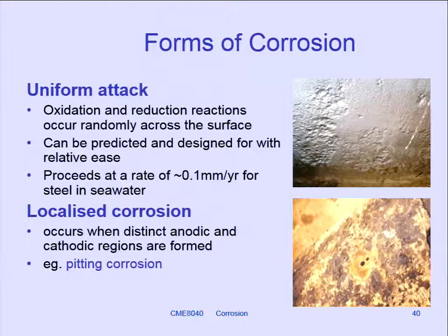So by far the commonest corrosion, of course, is our uniform attack, the general surface corrosion, where we've got random anodes and cathodes occurring, and we can look at what they call corrosion rate, in loss of through-section thickness in millimetres per year, or if you're an American, in milli-inches per year.